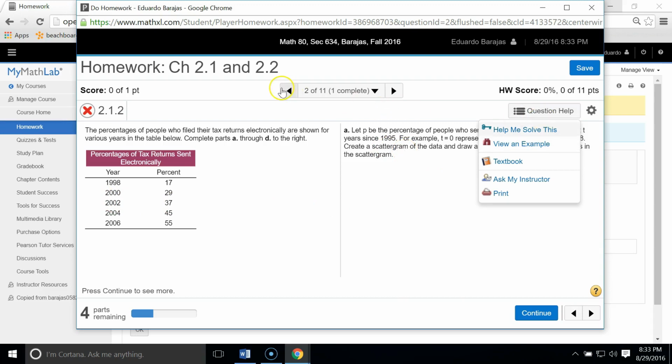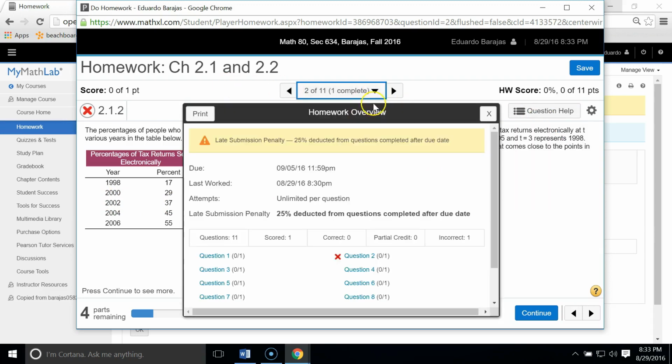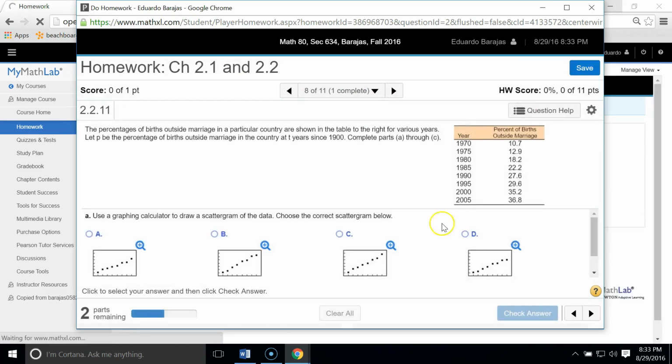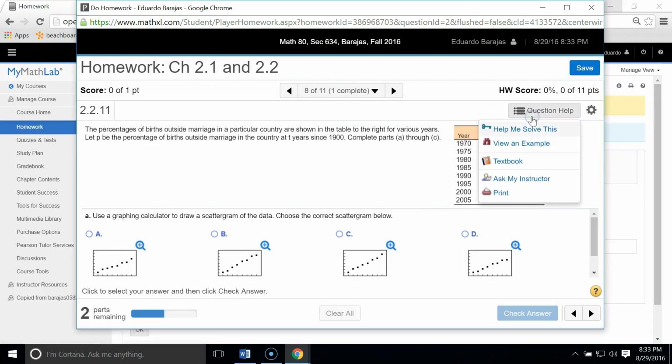The next good thing on here, let me see if I can find one. Not on here. Well, these two are constant to all of them. The next one is a textbook. You can just click on there and it'll automatically take you to the section of the textbook where this question comes from.